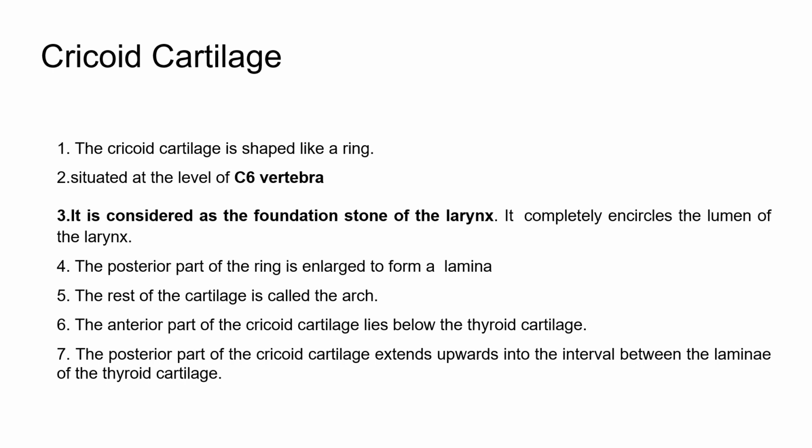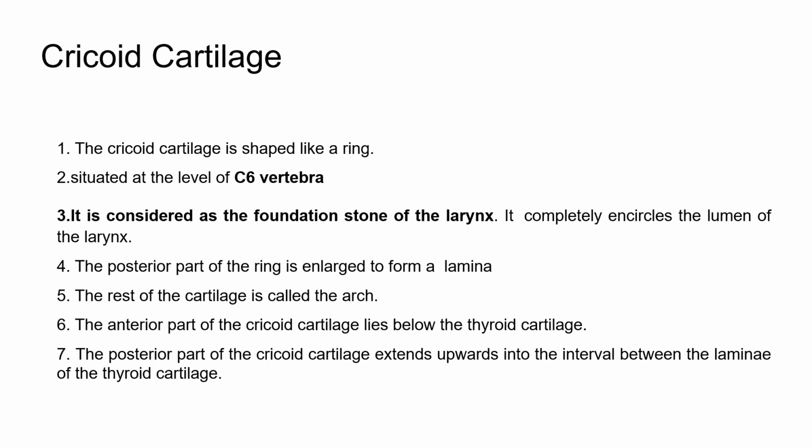Since it is a completely closed ring shaped structure, you can imagine that it will encircle the lumen of this larynx, and all these cartilages are forming a rigid framework, means that when the person will be doing the respiratory movements, the larynx will be prevented from getting collapsed, and the airway will stay patent. So again repeating, cricoid cartilage is the foundation stone of the larynx.